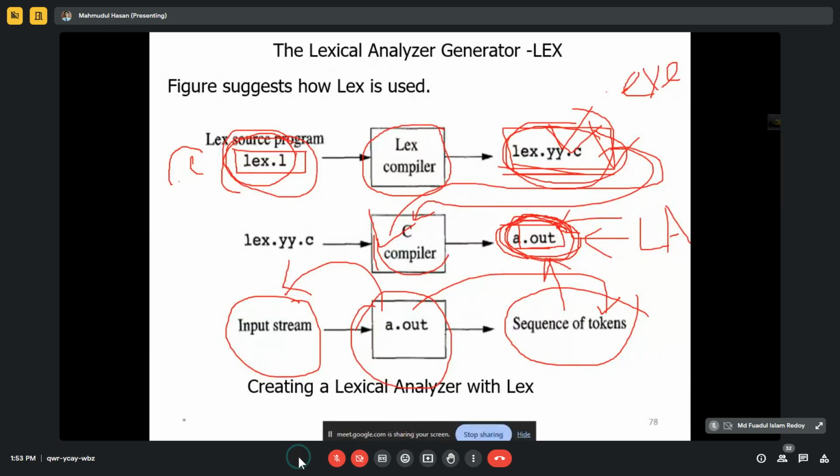At first you need to draw this figure, then simply tell what lex is. When the lex file goes through the lex compiler, this file will be created, and this is a C file containing the transition diagram of the regular expressions. When the yy.c file goes through the C compiler, it will produce the a.out file, which is the lexical analyzer. As it is the lexical analyzer, it takes a stream of characters and produces a stream of tokens. Is it possible to answer like this?